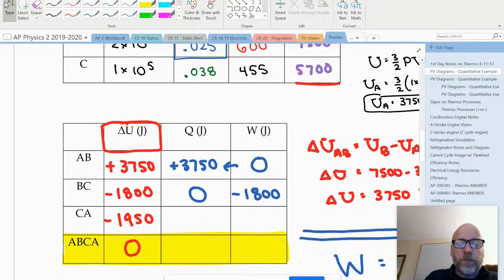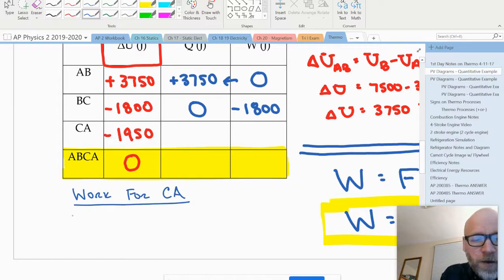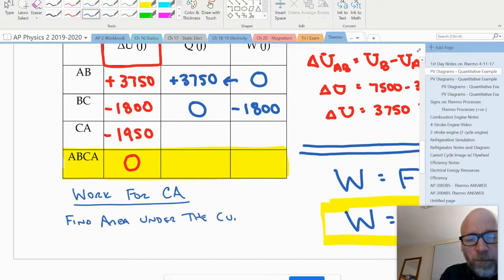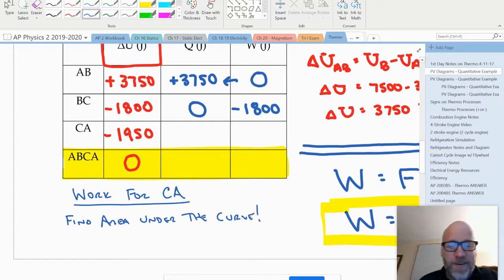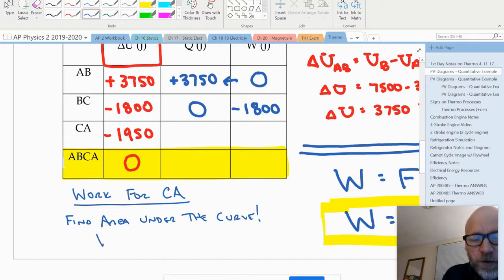So, you know what? I'll write it out right here. So to find the work for C to A, find the area under the curve. For those of you who are just tuning back in, yeah, we're still in the same problem. So the area under the curve, work equals negative P, change in volume.